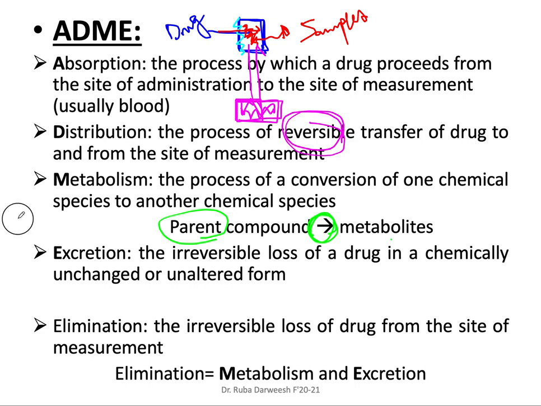So we are changing, let's say, A irreversibly to another, completely different entity, B. And this happens by different chemical interactions that we know about metabolism, phase 1 or phase 2. Okay, but you need to know that it's an irreversible change of the parent drug to another compound, or a different kind of species or entity.